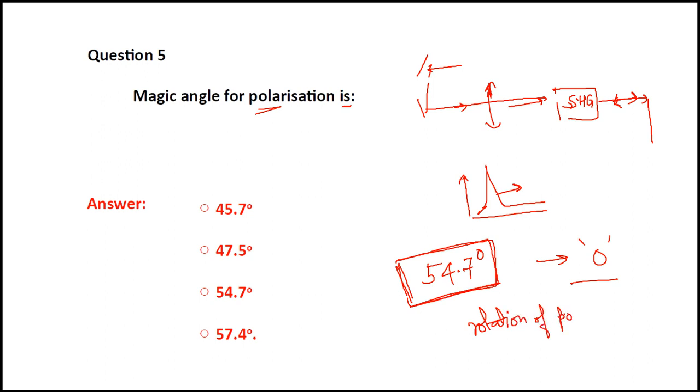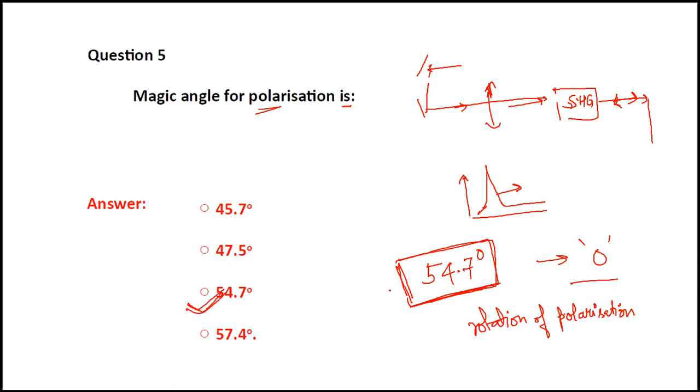Rotation in the polarization direction is minimized at this angle of 54.7 degrees. So that is why the magic angle of polarization is 54.7 degrees.